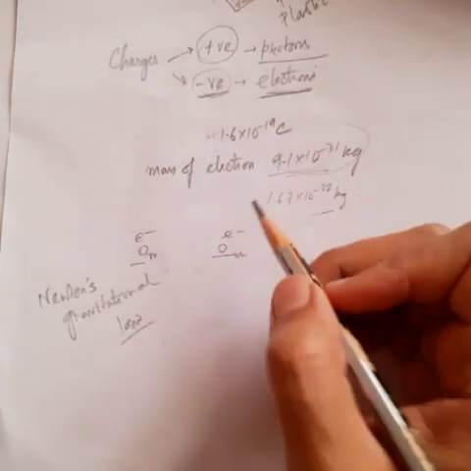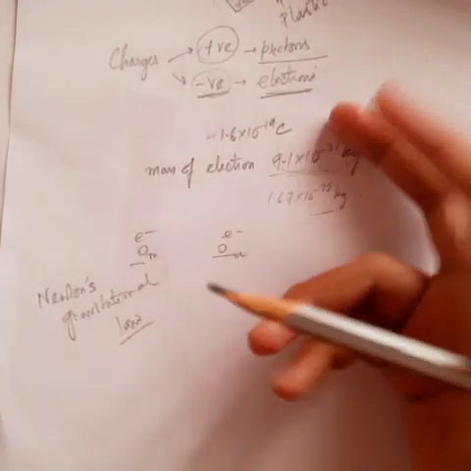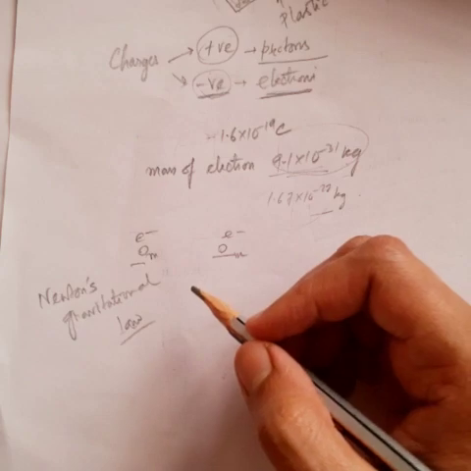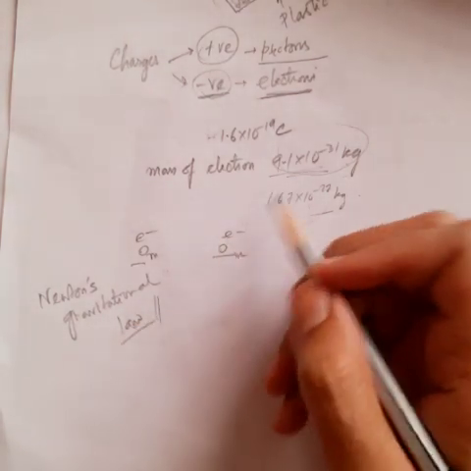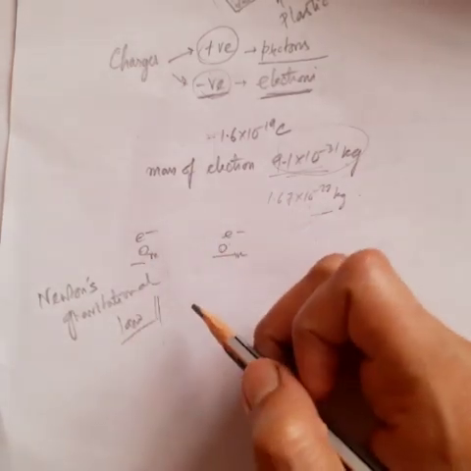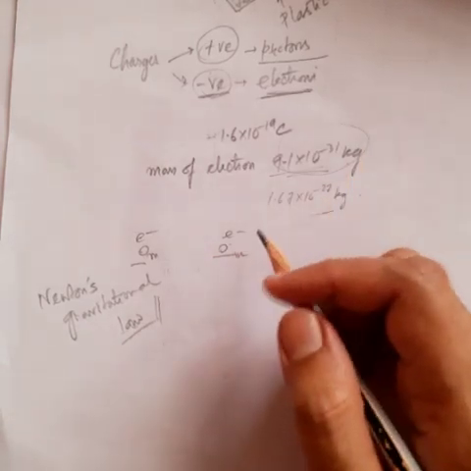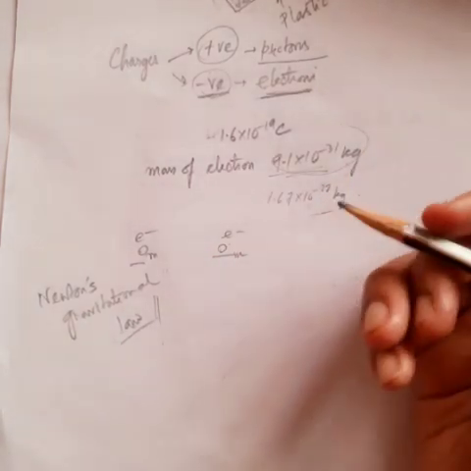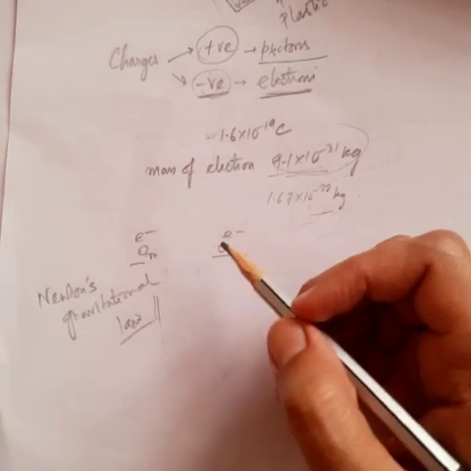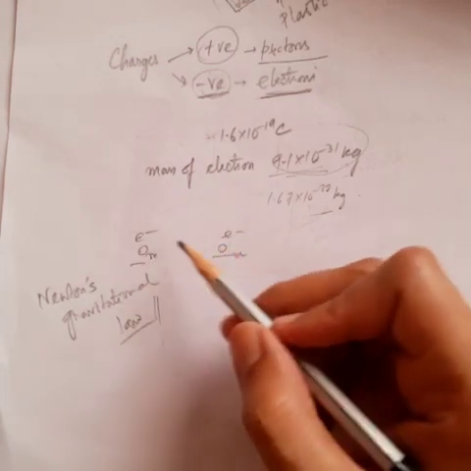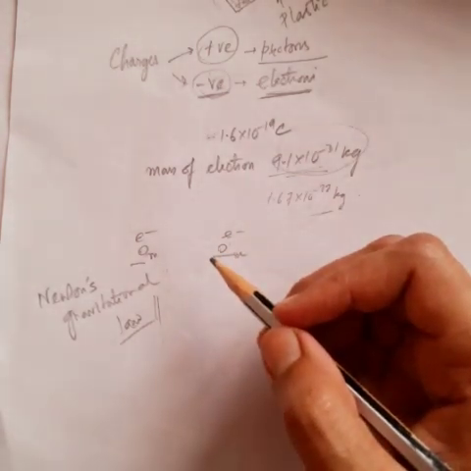So due to Newton's gravitational law, these electrons are attracting each other. Again, due to the electrostatic force they are repelling each other, because you have learned in class 8 that like charges repel each other and unlike charges attract each other. So the question is why is the repulsion the winner? Because you ultimately see the electrons only repelling each other. You will not be able to observe their attraction.